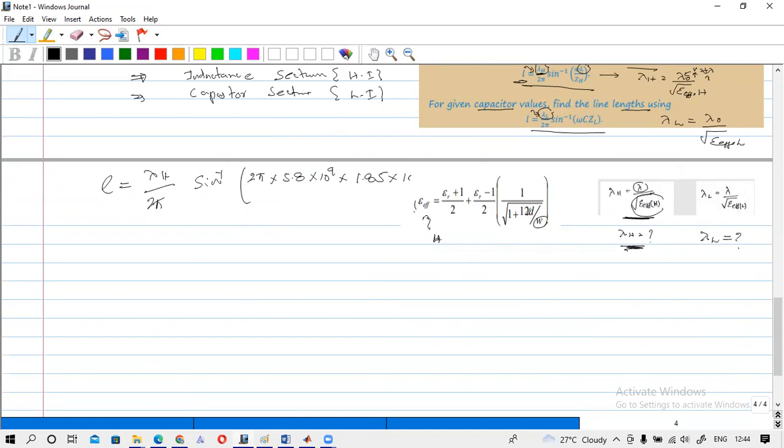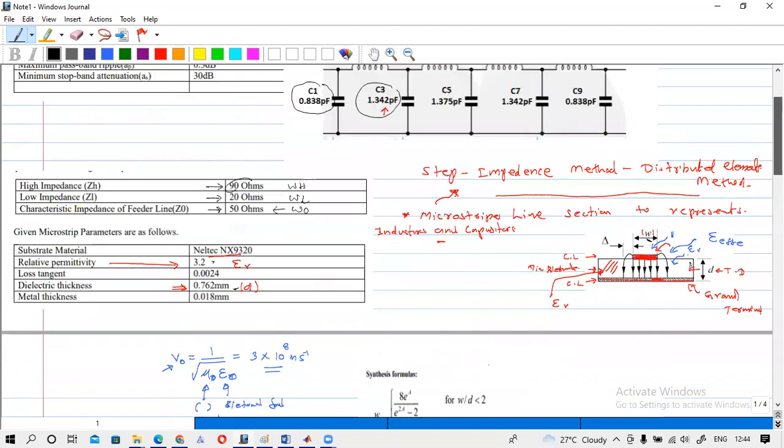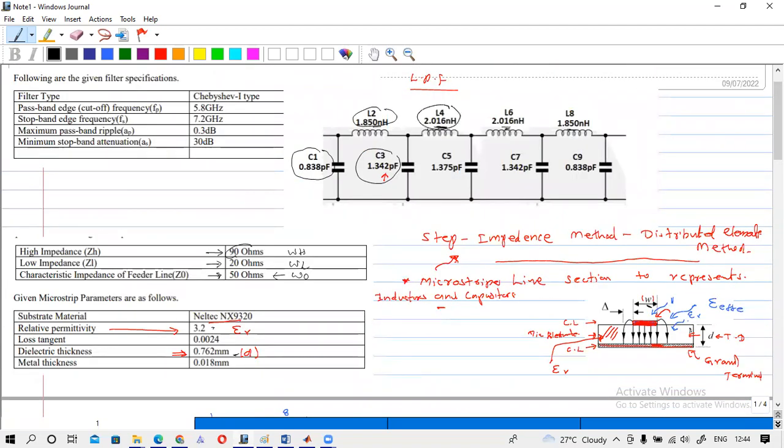Nanohenry means 10 to the power minus 9. Then it should be divided by the ZH, that is 90. So you can calculate the L related with this inductance value. That is L2, and also you can calculate L4 using this inductance value.